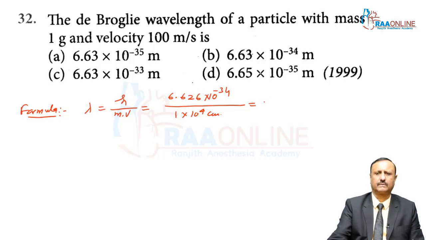So, you can get here 6.62 or 63 into 10 to the power minus 33. My dear students, you can get the answer. Question number 32, C is the answer. 33 meter. Here this centimeter is converted to meter, and you can get the answer.